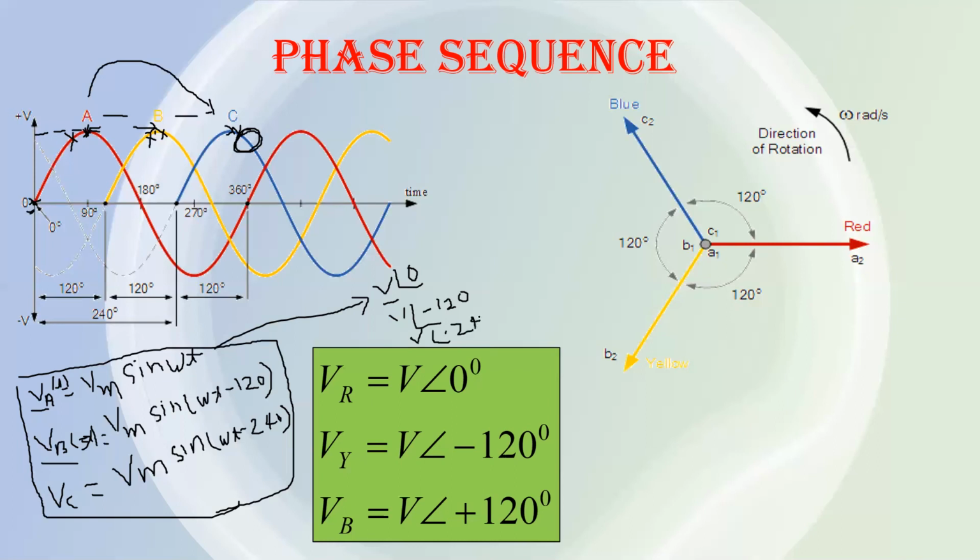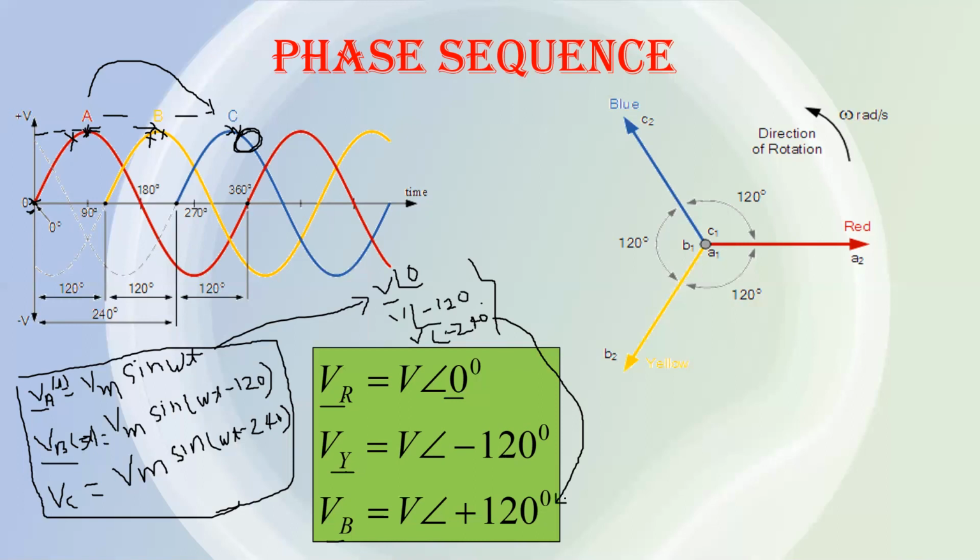In this way you can write the waveform equations in polar or phasor form. So these are the equations of phase R, phase Y and phase B: R for red, Y for yellow and B for blue. And you must remember here that minus 240 is written as plus 120.